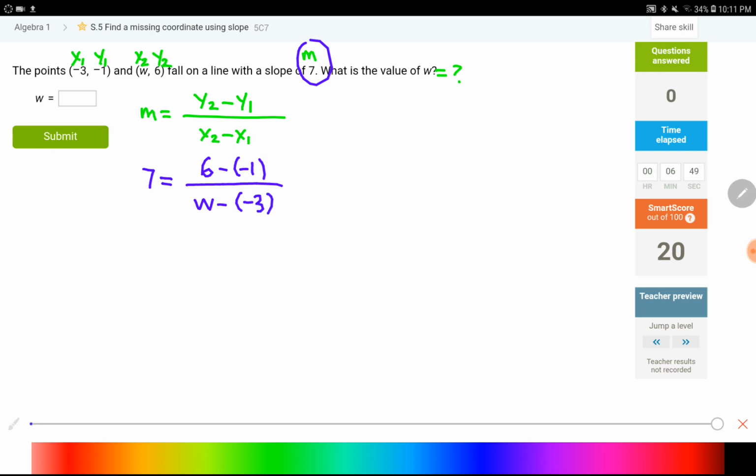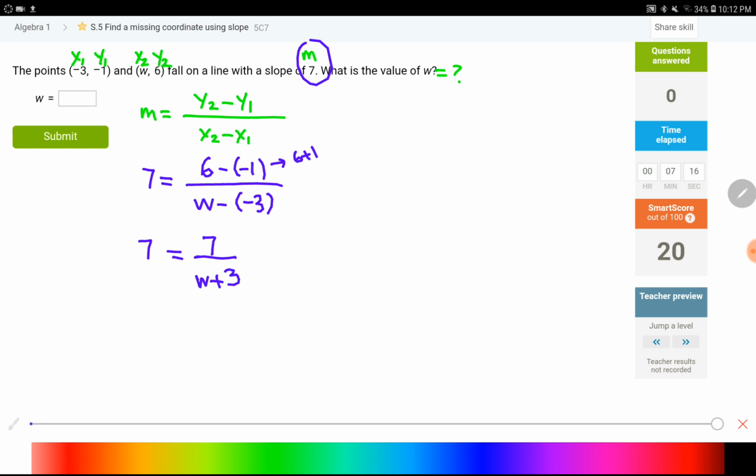Now, let's just make some simplifications. Bring down the left side. And then for the right side, in the numerator, I have 6 minus -1. That's 6 plus 1, which equals 7. Over w minus -3 turns into w plus 3.